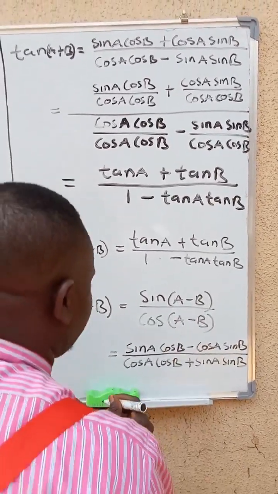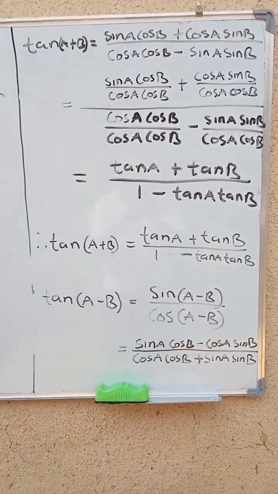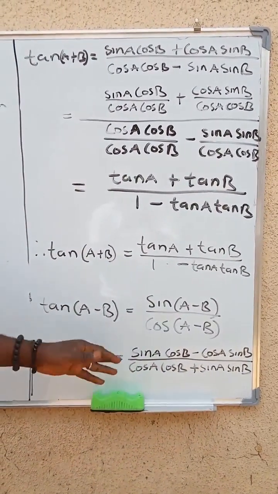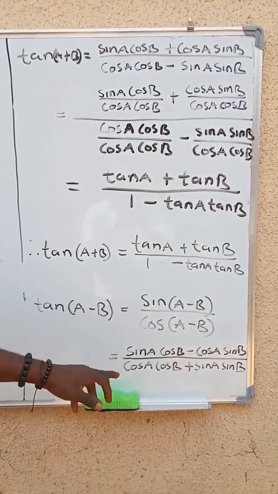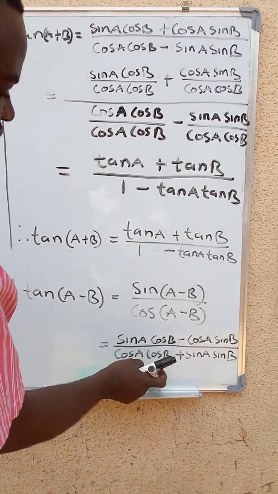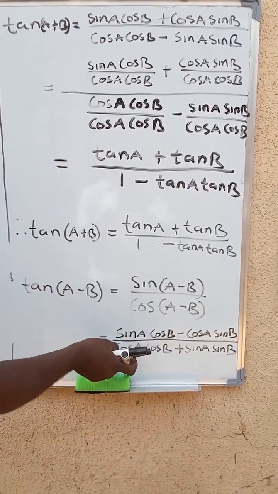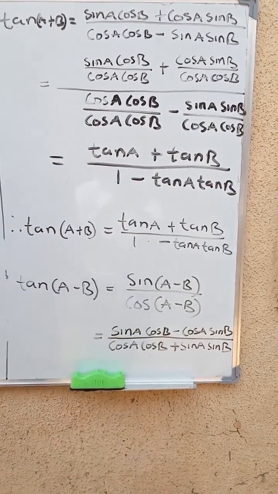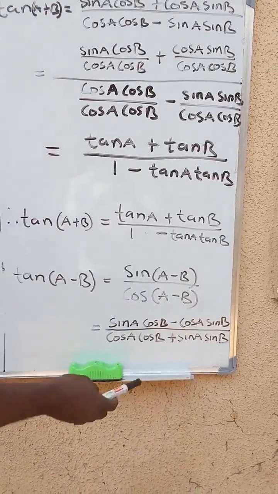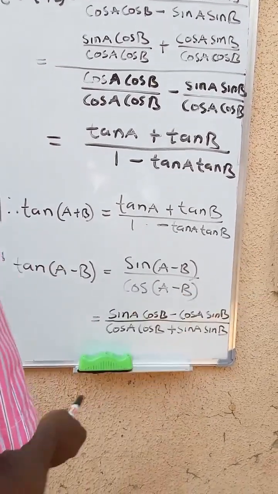Now, you know, we said that we are to divide. For us to get tan, we need sine over what? Cos. And this is the only thing we can use to get them. We divide through by this, since sine over cos is what can give us tan. This one cannot give me sine over cos to divide through.